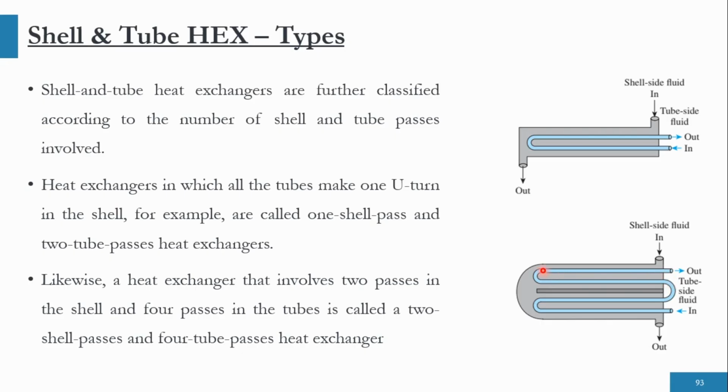So there are multiple U-turns. In this case, it was only one U-turn, but in this case, one, 2, and 3. So accordingly, this is a 2 shell pass and 4 tube pass heat exchanger. So these are the types of heat exchanger classified on the basis of the passes involved. So that's it from today's lecture.